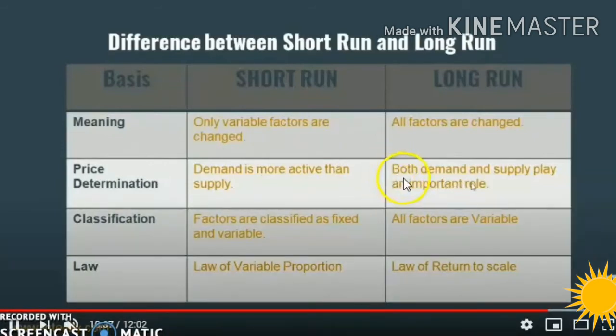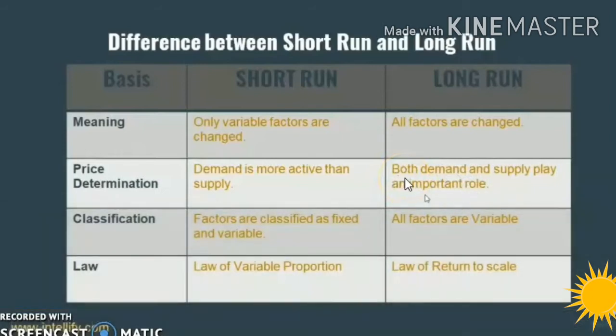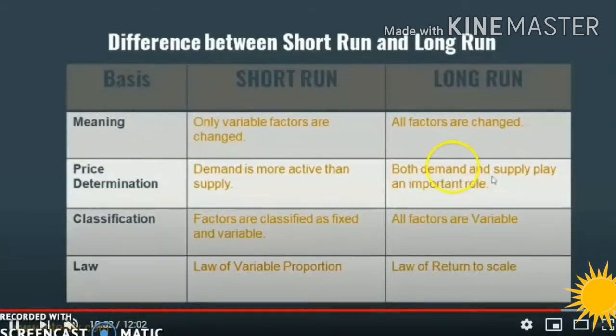In the long run, we face a long period gap, so we can change supply as per demand and as per other factors also.